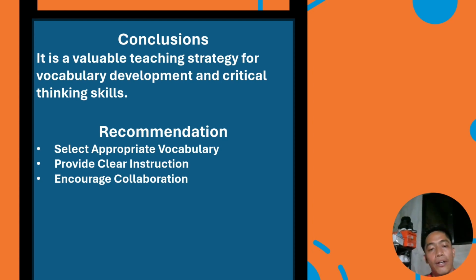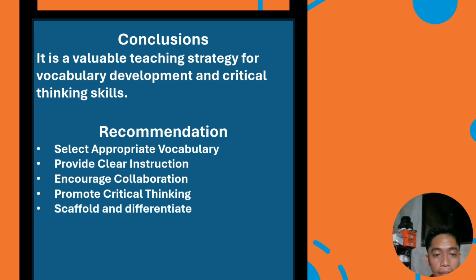Then number four is to promote critical thinking. We have to foster it through thought-provoking questions that prompt students to think critically about the relationship between features and word meanings. We have to encourage them to reflect on how each feature contributes to the overall understanding of the word. Then the next one is scaffold and differentiate.